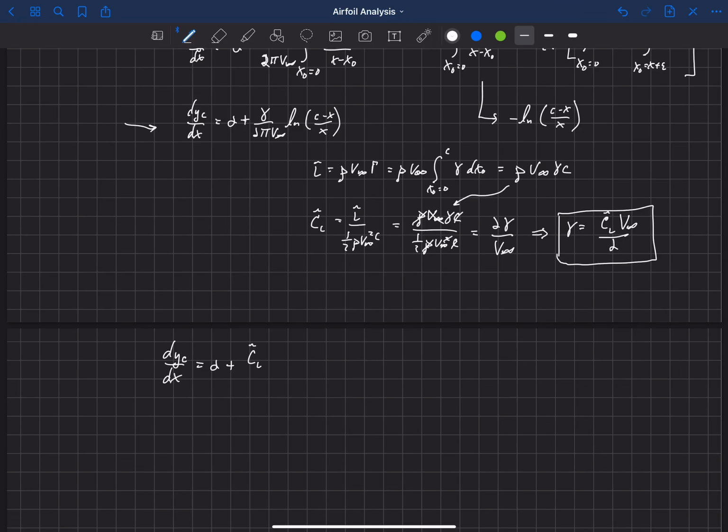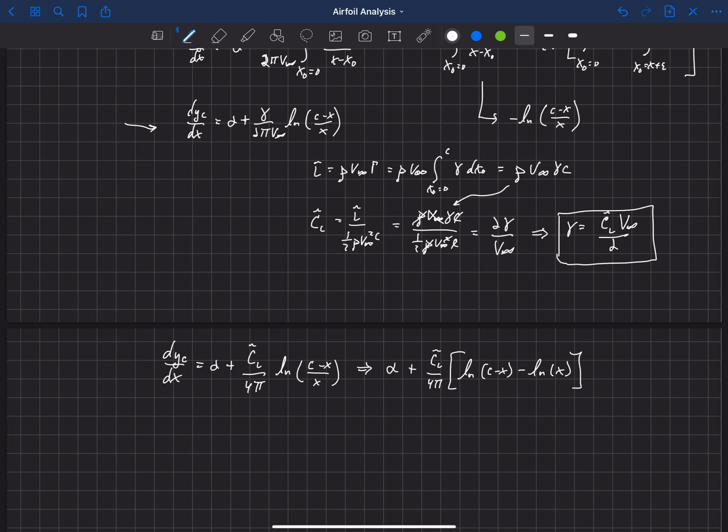The v infinity is going to cancel, and I'm going to be left with a 4 pi in the denominator, multiplied by the natural log of c minus x over x. We can actually rewrite this as alpha plus CL tilde over 4 pi times the natural log of c minus x minus the natural log of x. That's helpful when we're ready to integrate, which is our next step here.